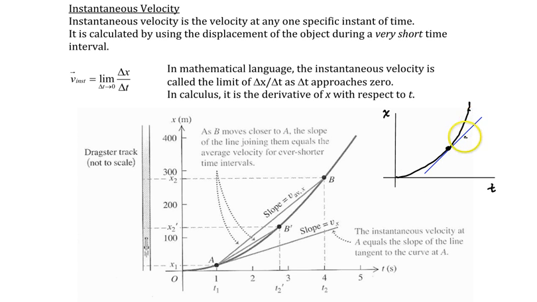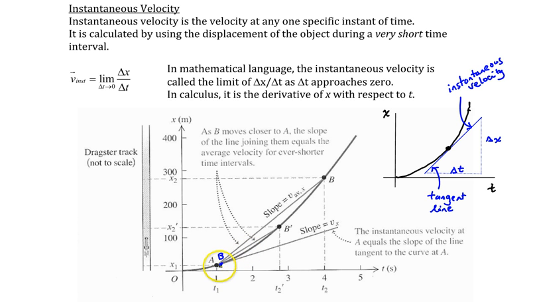And the slope of this line, this rise over run, would give you the instantaneous velocity for that particular point in time. You could think of it as we're trying to find the instantaneous velocity at this particular point, t1. We're going to move B really close to it, right beside it, infinitesimally close.